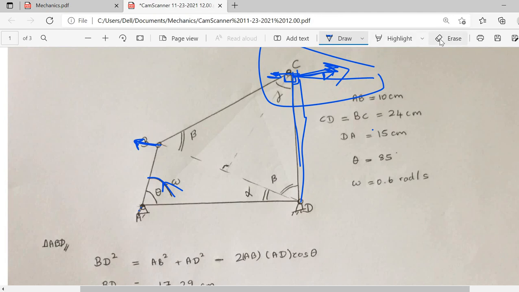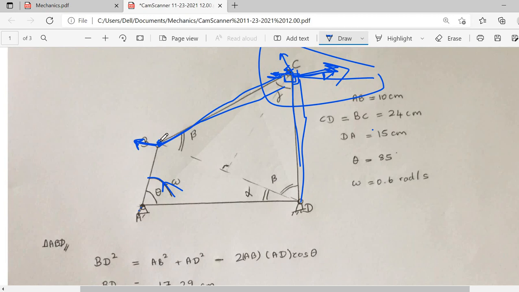So first of all, we need to find these values. After that, I'm going to use the velocity diagram. I'm going to draw the velocity diagram for BC, which means I'm going to find the value or the velocity direction of the C point relative to B. As I have already mentioned, if you take it like this relative to B, the velocity of C would be 90 degrees from this BC line.